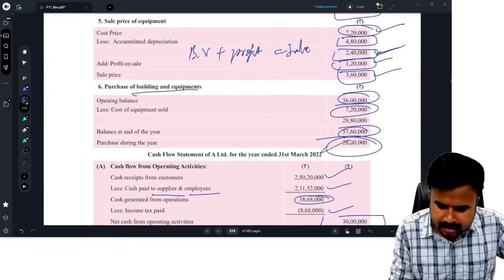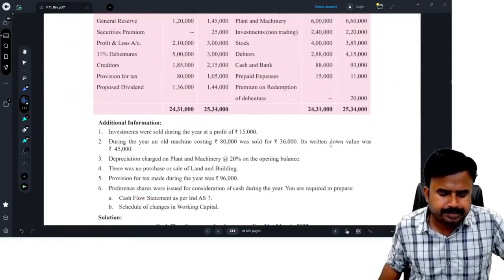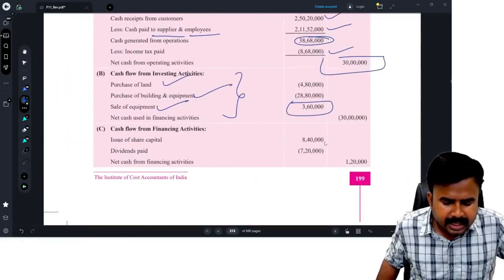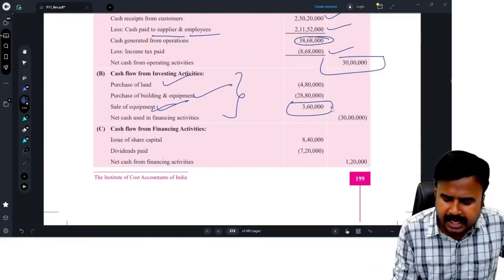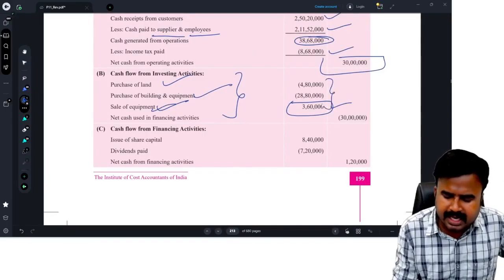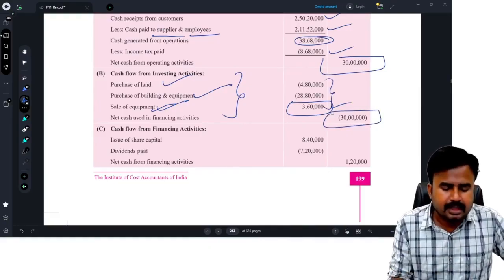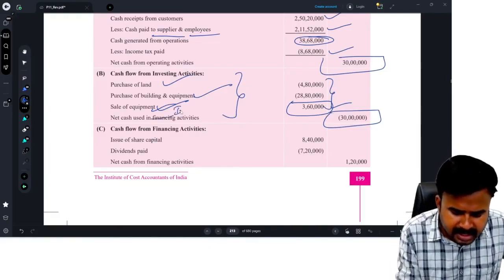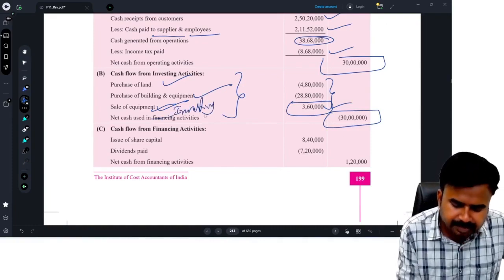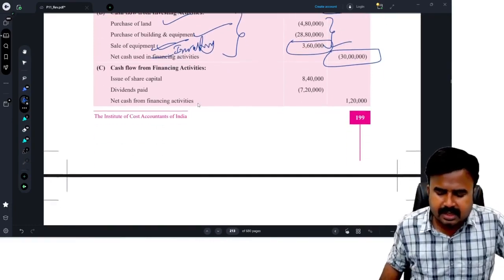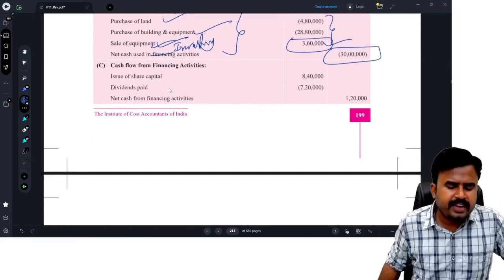Here is the payment, 28 lakh 80,000. Then sale of equipment 3 lakh 60,000. So after adjusting all these three transactions, we got 30 lakhs uses. That's the net cash used in investing activities. It's a spelling mistake on the slide; this is not financing activity, it's investing activities. It's a use.